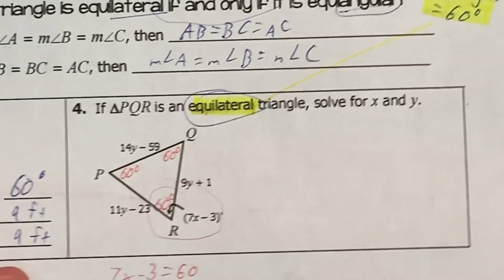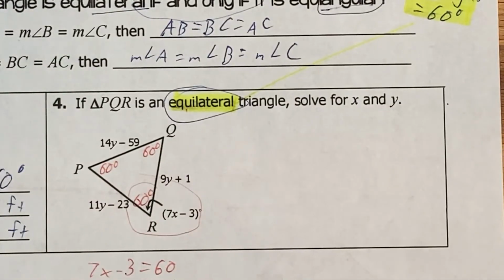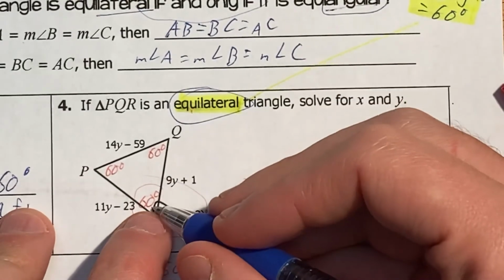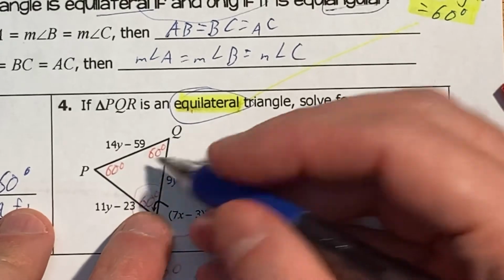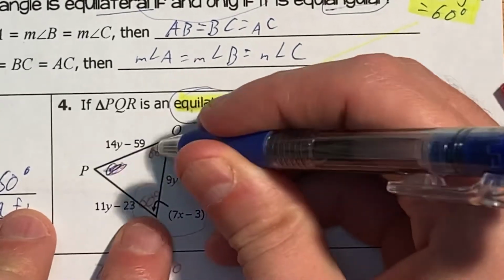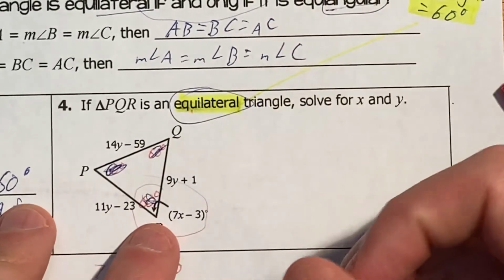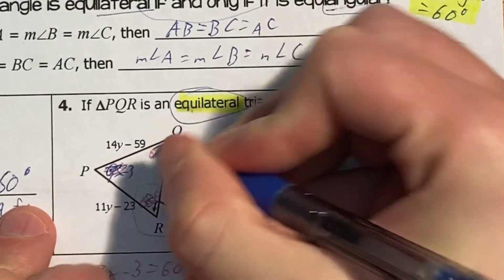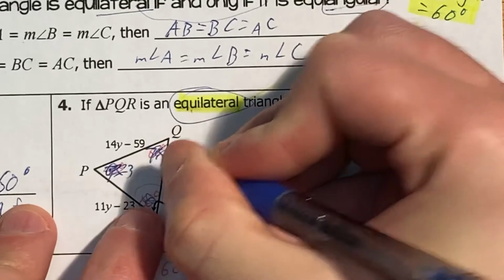But let's just say worst case scenario, you completely forget that. Then you can say, well, since it is equilateral, all three angles are the same. So forget about the 60 for a second. They're all the same. So if this is 7x minus 3, then this is 7x minus 3, and this is 7x minus 3.